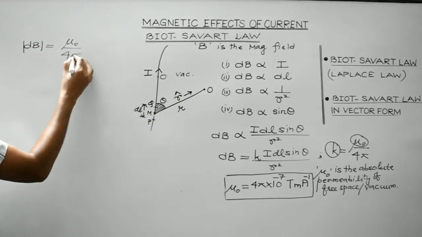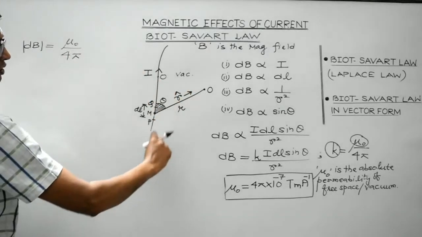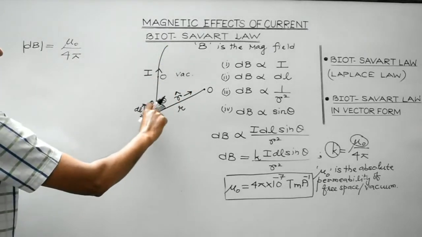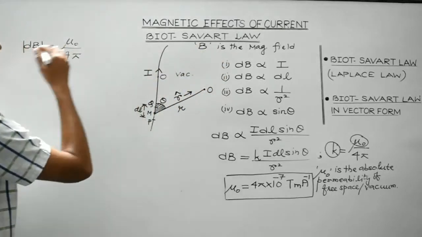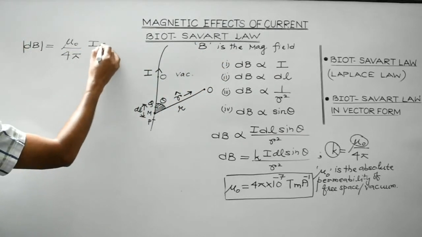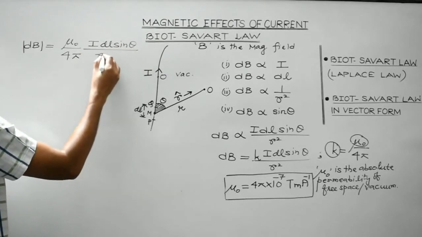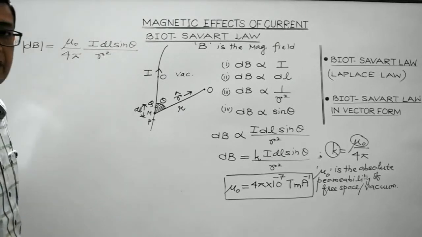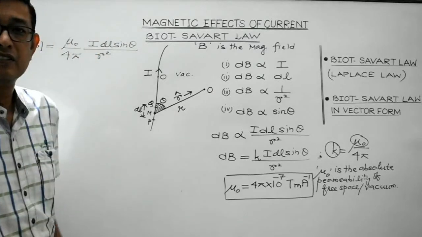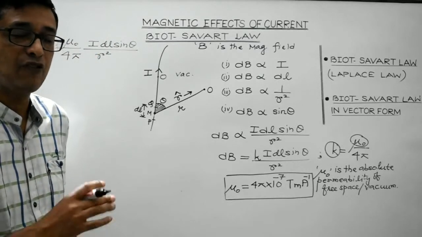So the strength of the magnetic field at point O due to this elementary portion as per Biot Savart Law is mu naught over 4 pi I dl sine theta divided by r square. Now our main objective is to write this Biot Savart Law in the vector form.